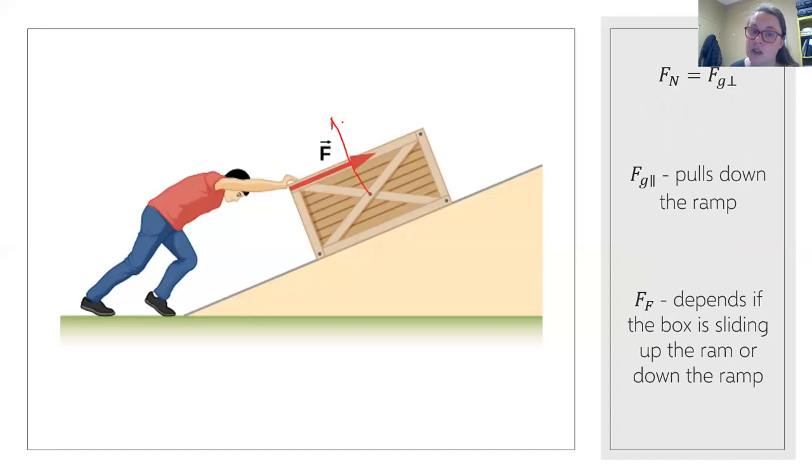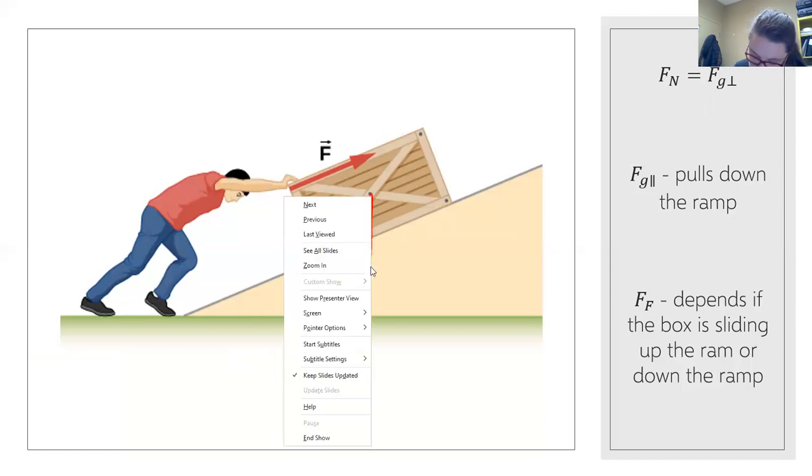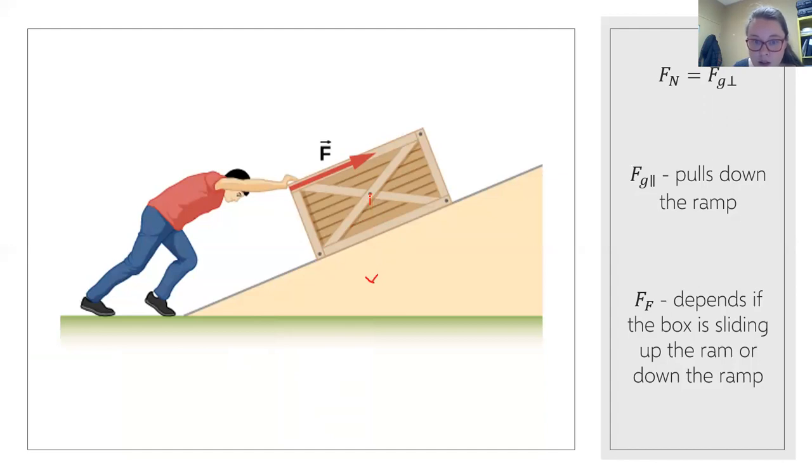Just bear with me in my poor sketching. So force of gravity will go straight down. There we go. I was doing really well with having a straight line there for a second. So this is my force of gravity.